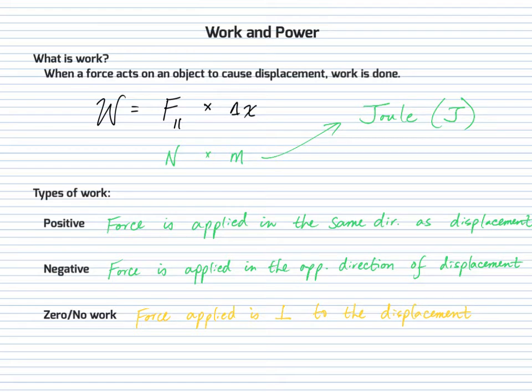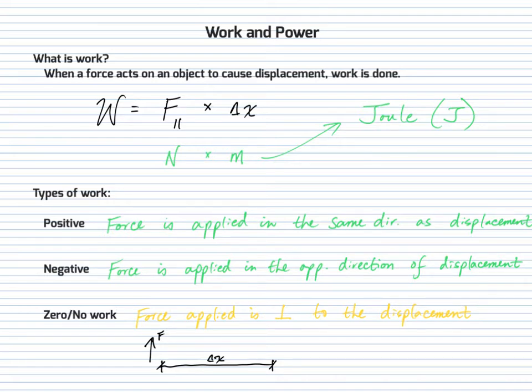Well, the force that I'm applying to that tray of food is upwards, but my displacement is actually horizontally across the room. So in that case, that force is perpendicular to my displacement. Therefore, no work or zero work is being done.